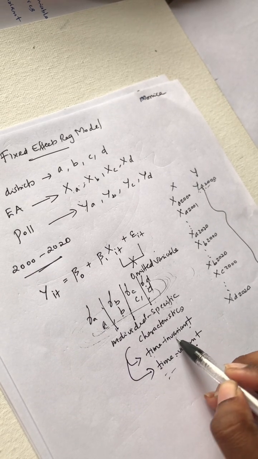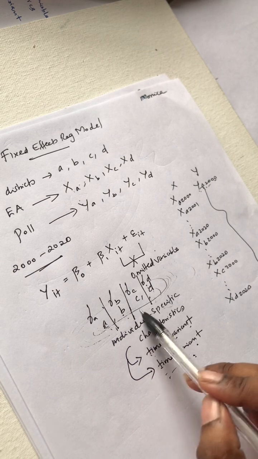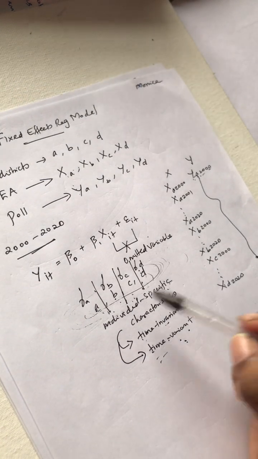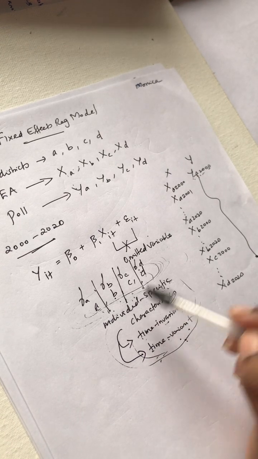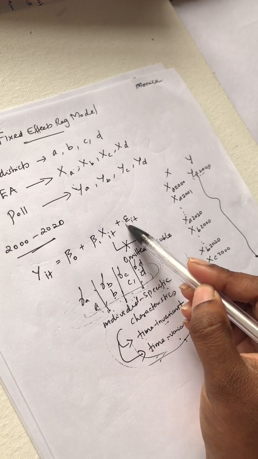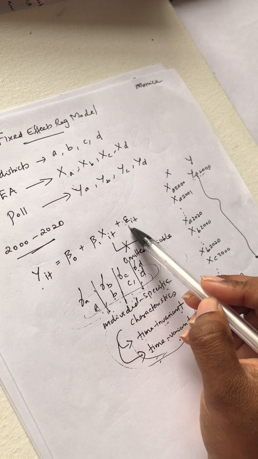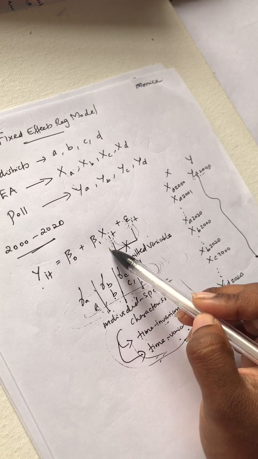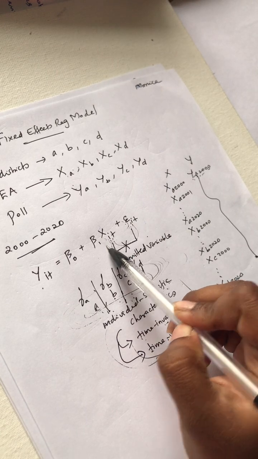At the same time, the time invariant factor could be the population of a particular district that is unique for that district. So these characteristics can actually impact Y, and they can lead to a correlation with X. So the error term and X are correlated.